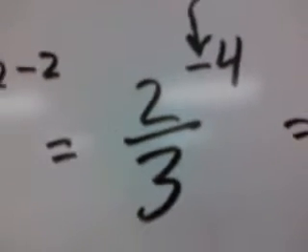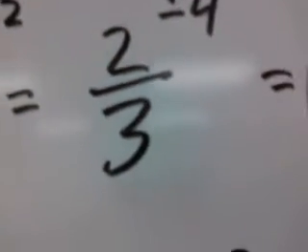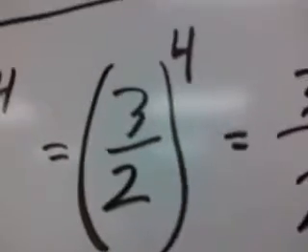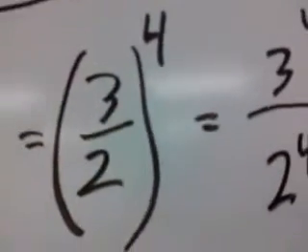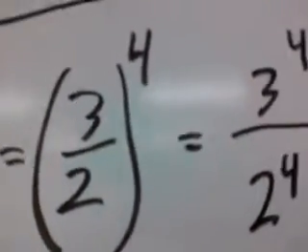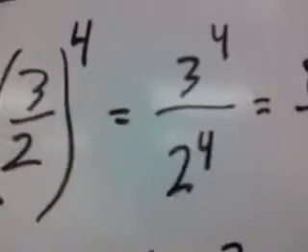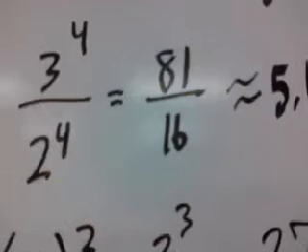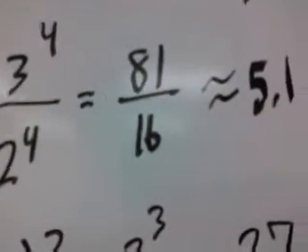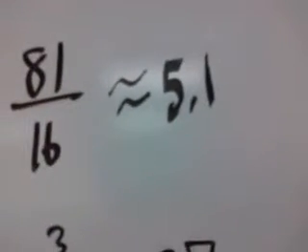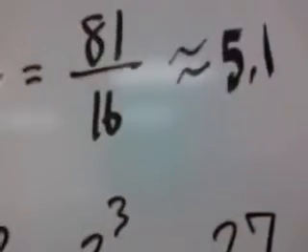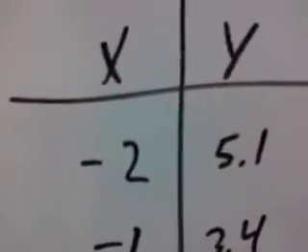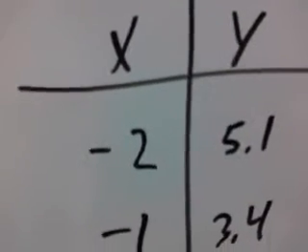And if I make the -4 positive, it'll be a +4. So in the next step, we have 3/2 to the 4th. And then we break it up. We make it 3 to the 4th over 2 to the 4th. 3 to the 4th power is 81. 2 to the 4th power is 16. And then we divide to get 5.1. So in our table, we're going to have -2, 5.1 as our first point.